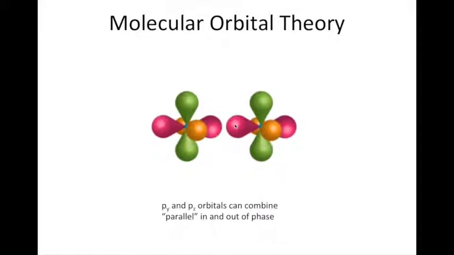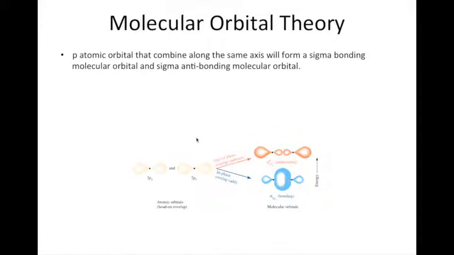And we also have two sets of p orbitals that can meet parallel or side by side. So here, this p orbital and this p orbital along the y-axis can meet in phase and out of phase to form molecular orbitals. And this set of p orbitals along the z-axis can combine in phase and out of phase to form, again, two molecular orbitals. So let's look at these p molecular orbitals in a little more detail.